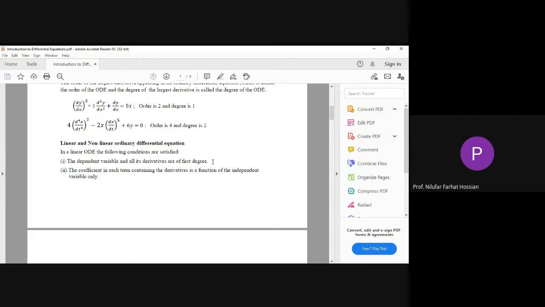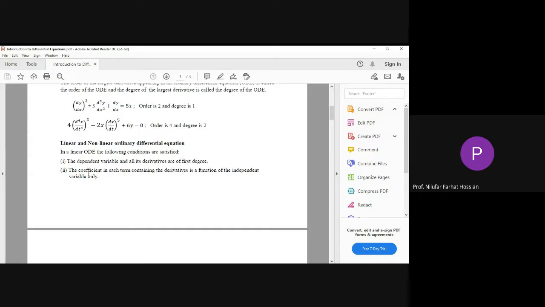Suppose your dependent variable is y and independent variable is x. The dependent variable y and its derivatives, dy/dx, may be second order, may be third order, should have degree 1.